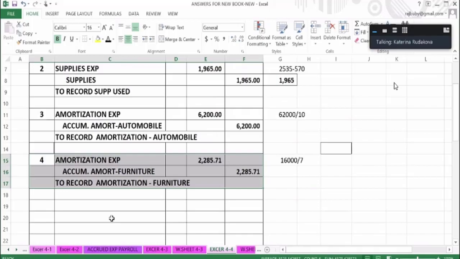Do we have to add another row for the debit side? No, that is at the bottom. You don't have this in this trial balance, but you have to show it in the worksheet. The new trial balance is going to have that account.